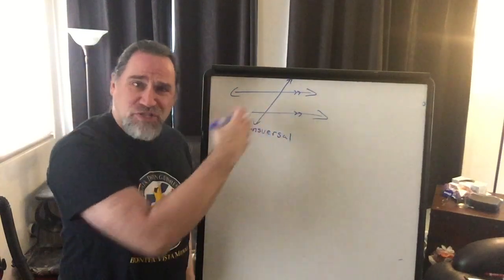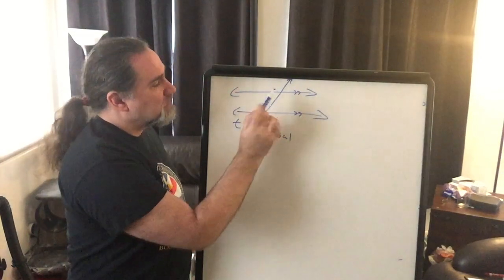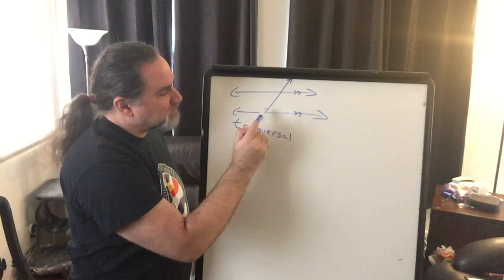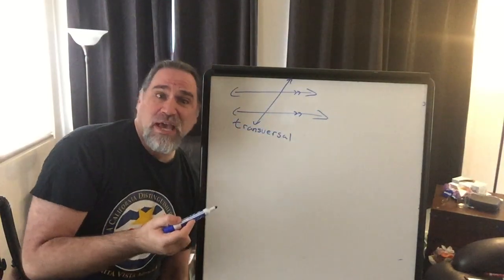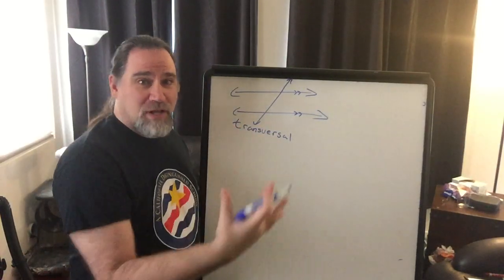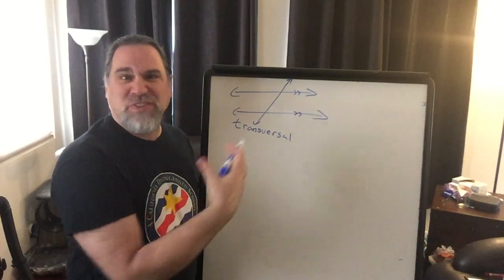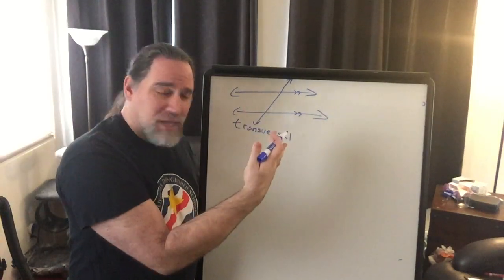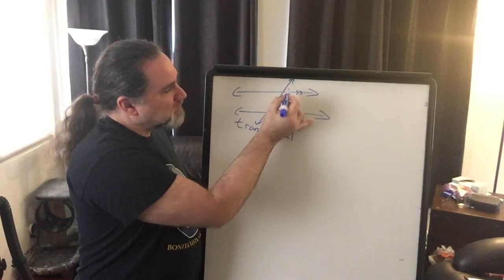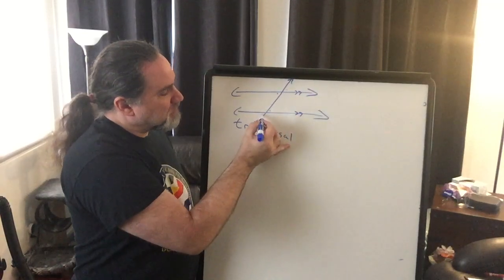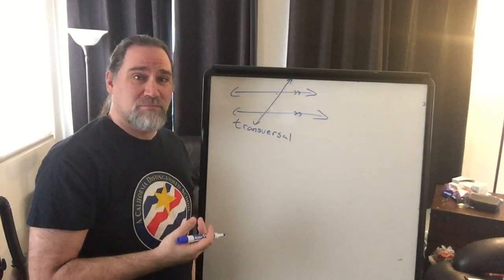It creates a whole series of angles. In fact, we get 1, 2, 3, 4, 5, 6, 7, 8 angles. And the angles all have something to do with each other. All the small angles, here, here, here, and here, those are all going to be the same.